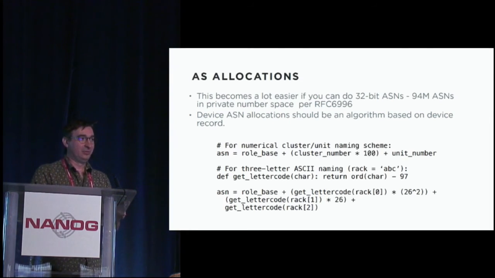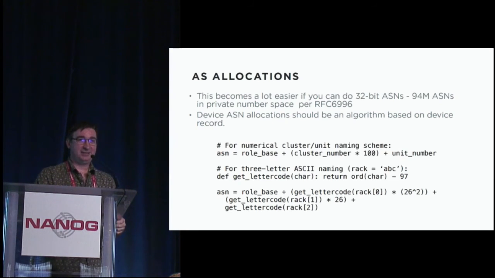We came up with a couple numbering schemes based on the naming conventions we were using at various layers. In our case, our fabrics and clusters were based on a cluster unit number, so we used a scheme to just do some math, taking those numbers to generate an AS number.